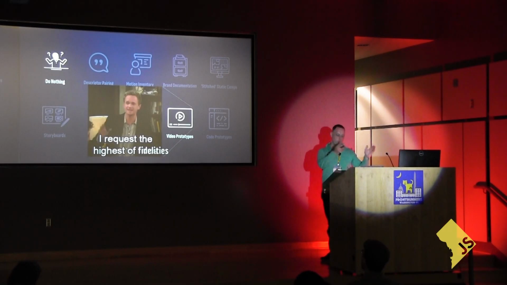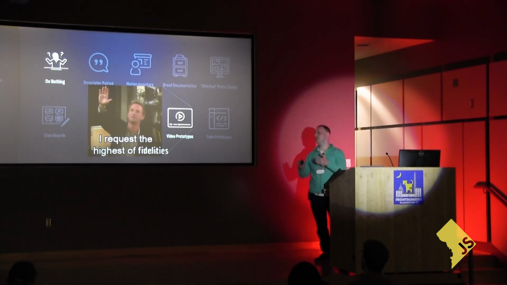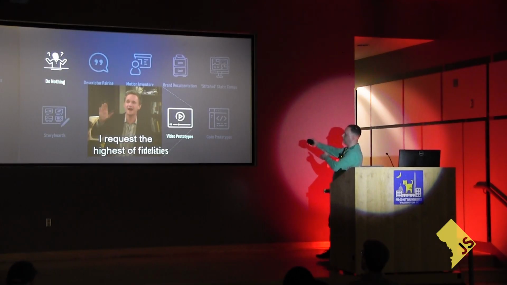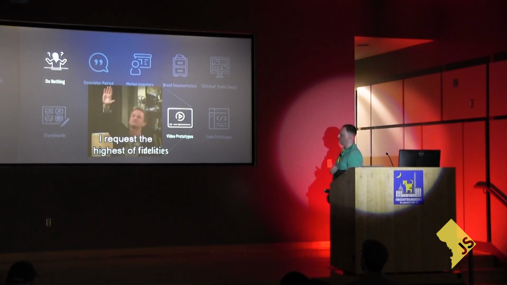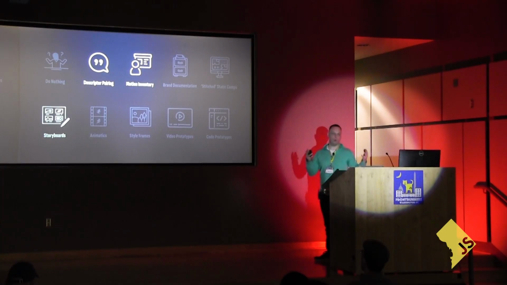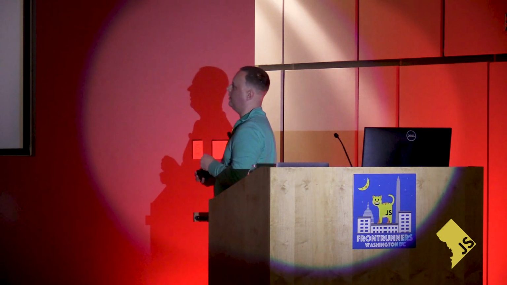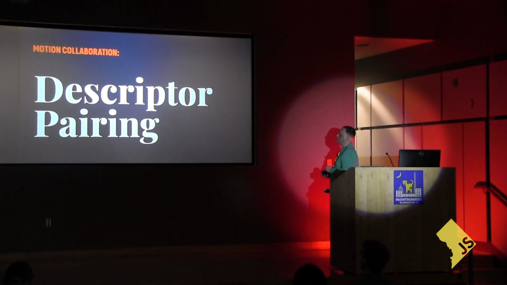We have a form gap problem, as you all are aware, that we design in software and we build in code. And everything we do has to cross that divide at some point. And video prototypes and high fidelity design artifacts mean it's a lot of work that we have to redo. So I feel like there are 3 techniques that are effective when we're talking about working together to build motion. Well, these 3 and a special type of code prototype that I'll talk about at the end that we're calling iterative motion jams.